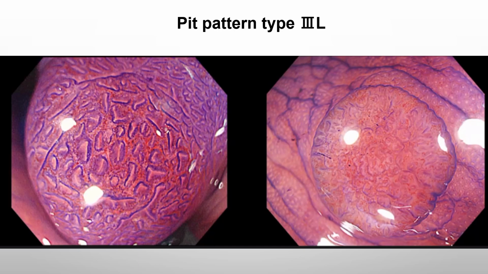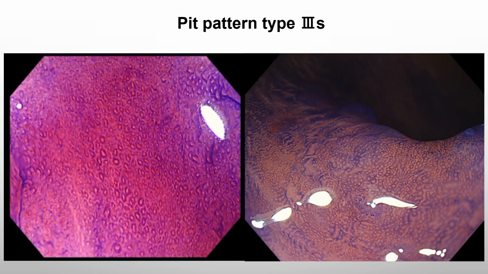Type 3L is tubular or round pit that is larger than the normal pit. Pit pattern type 3S is the basic pit pattern of the bleeding region and corresponds to intramucosal region. Type 3S is tubular or circular or round pit that is smaller than the normal pit.